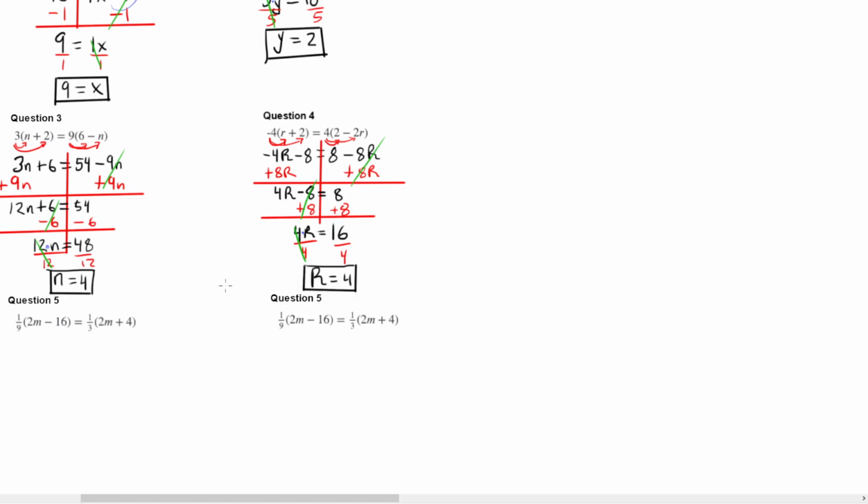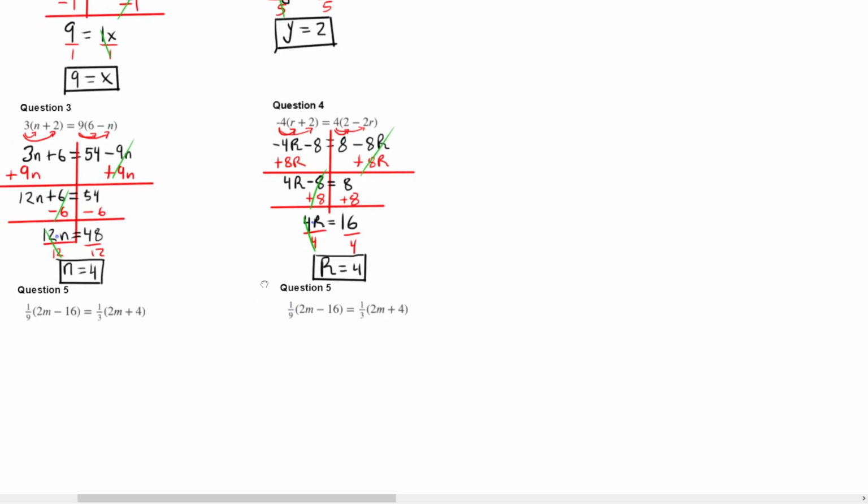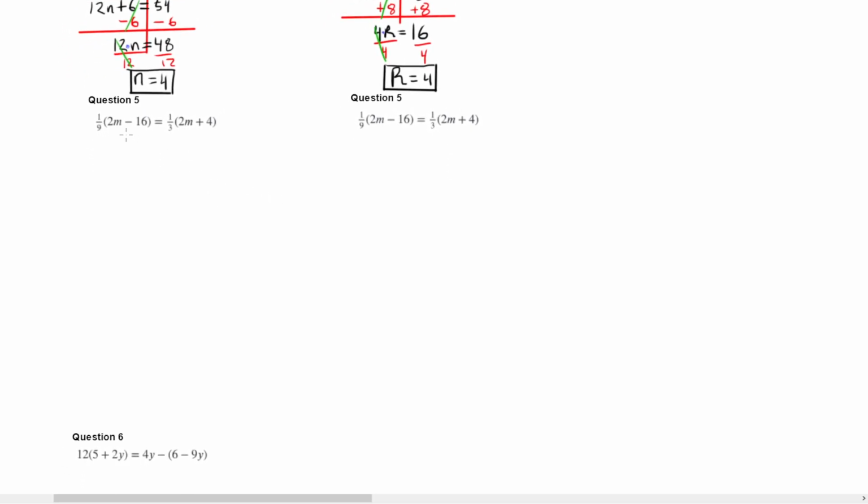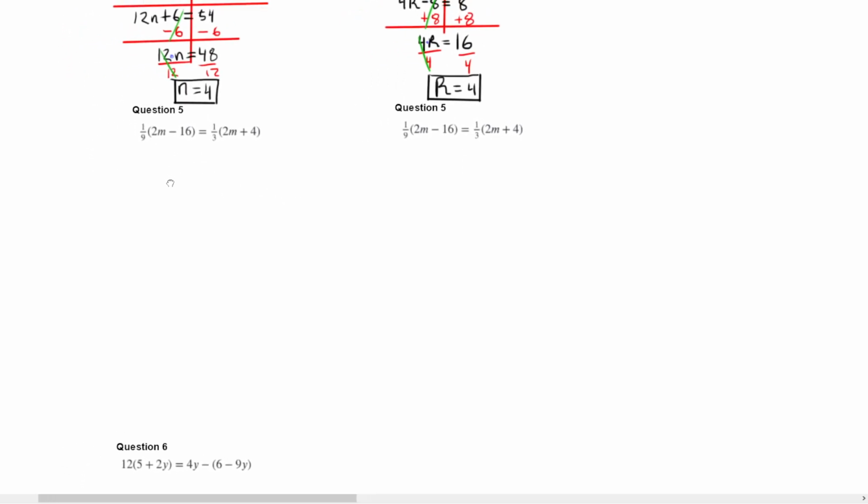All right. Now come some really fun questions, because the next two have some fractions. Now, fractions can be really scary or really fun. This is the same question twice, so I'm going to show you how to deal with this in 2 different ways.